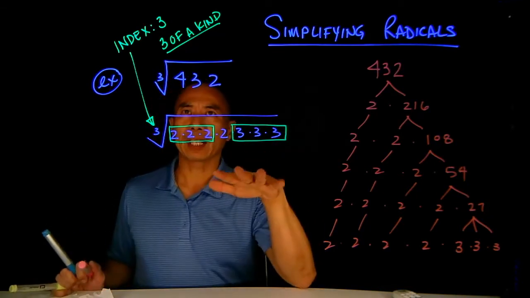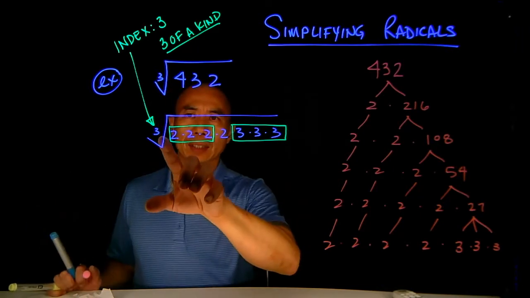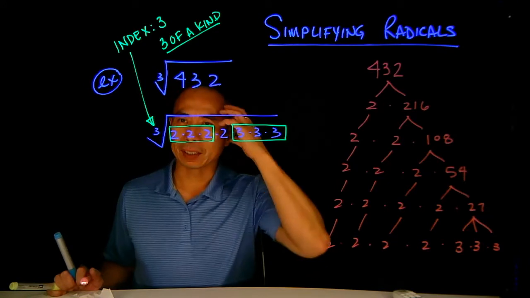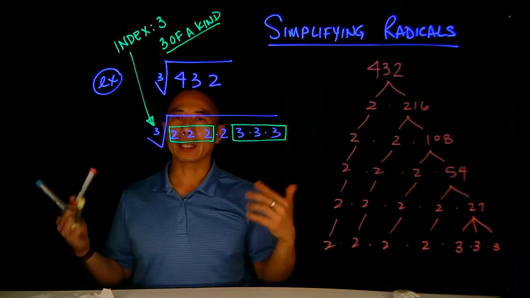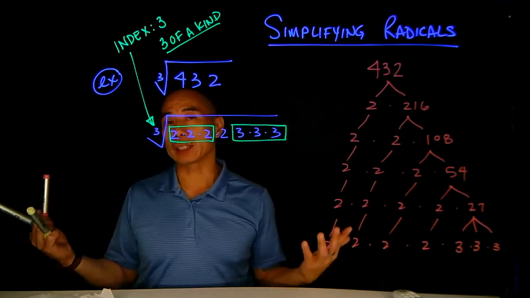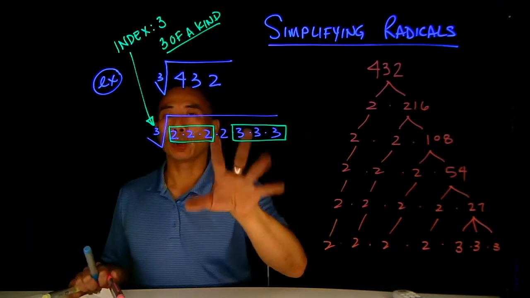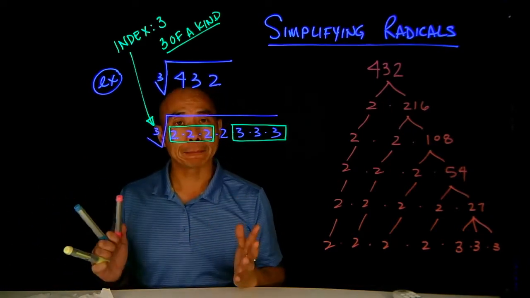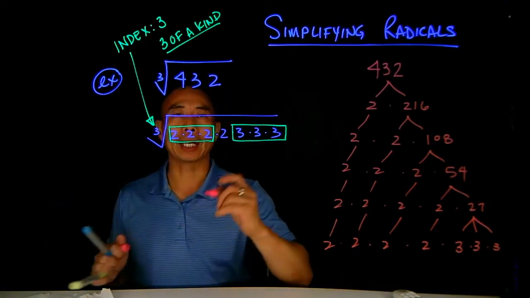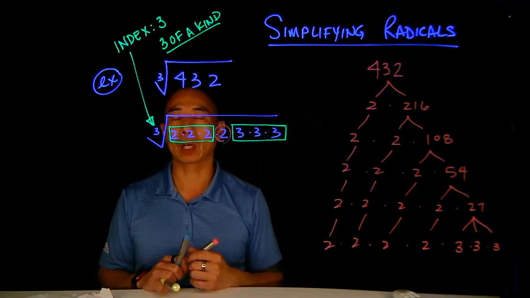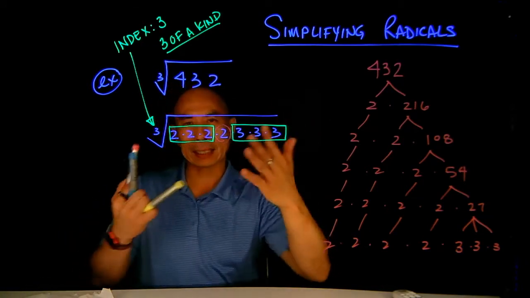So think of this as on this certain day in grade school, the teacher just happens to be thinking 3, so he or she tells the kids, hey, during recess, if you have a group of 3, you get to go out to the playground and play. Else, you're going to have to stay inside the classroom. You can think of the radical as inside the classroom.